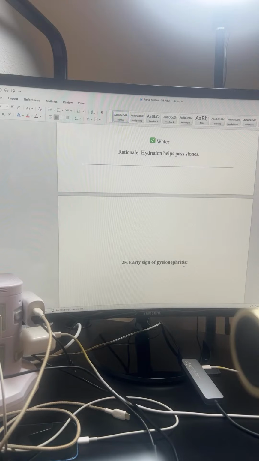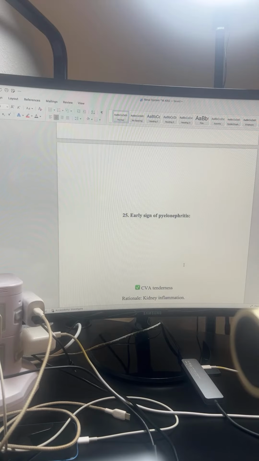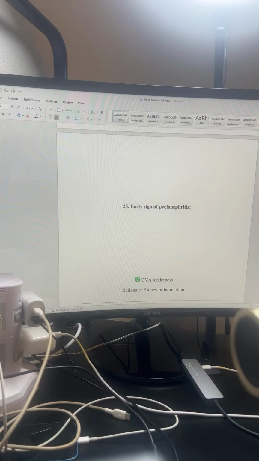Yes. You will have CVA tenderness, flank pain, kidney inflammation. All right. Whenever you have a patient with that kind of tenderness.